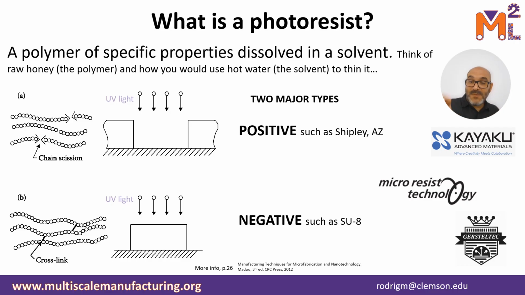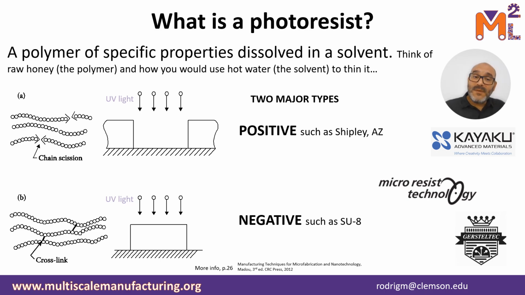So in those cases, you may start adding some amounts of hot water in order to start diluting it and to start optimizing its viscosity, right? So as you can imagine, depending on the ratio of the photoresist, in this case your honey, and the hot water or the solvent, you can actually have a whole range of different viscosities available to you, right?